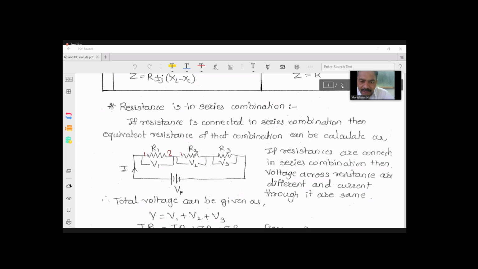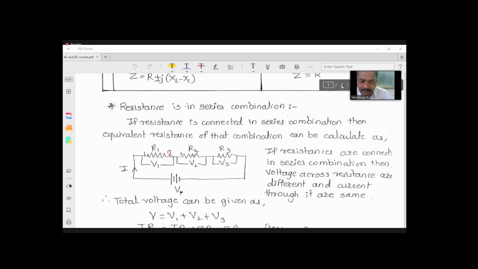Then this 10 volt will be divided across these three resistances, because we know the resistance value is 17 ohm according to our previous example. Because the three resistances are connected in series, whatever value of current is flowing through the three resistances will always be the same. If you want to calculate that value, you can calculate it.